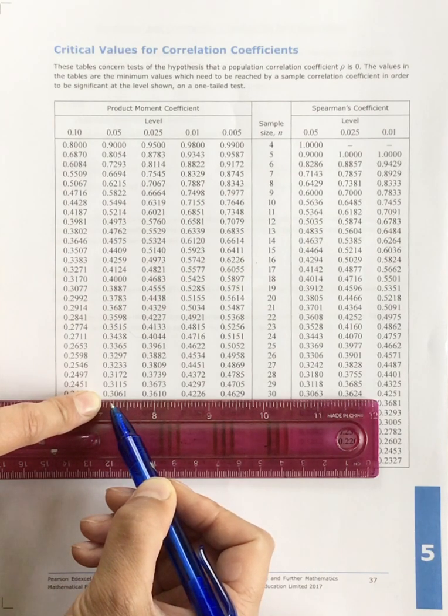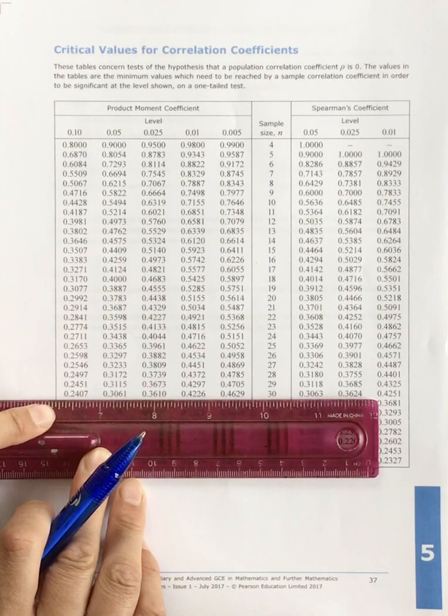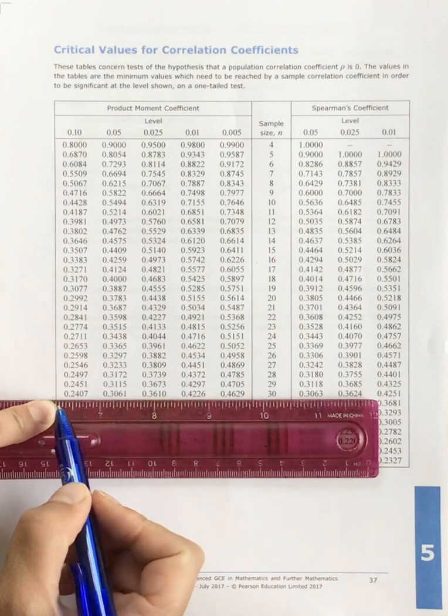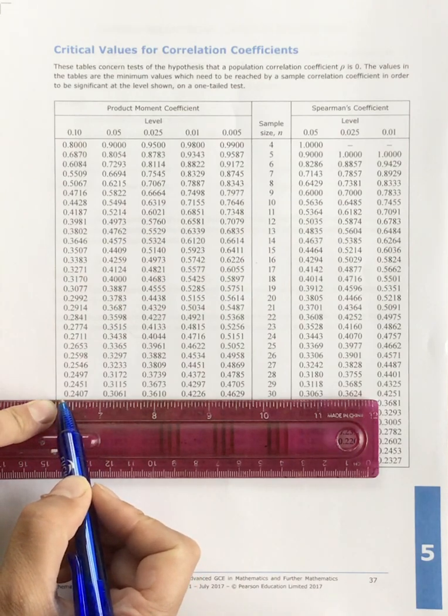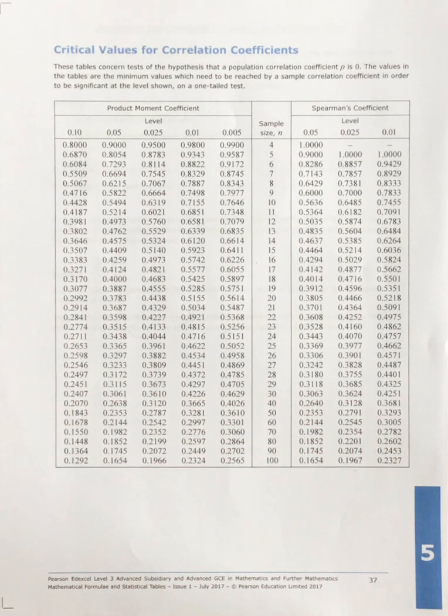But if I was working at a 10% confidence level, then it would not imply 0 correlation because it is greater than this critical value. So it depends on the confidence level as to whether we can be confident of 0 correlation or not.